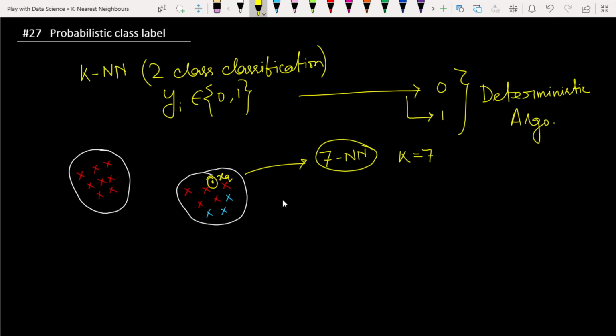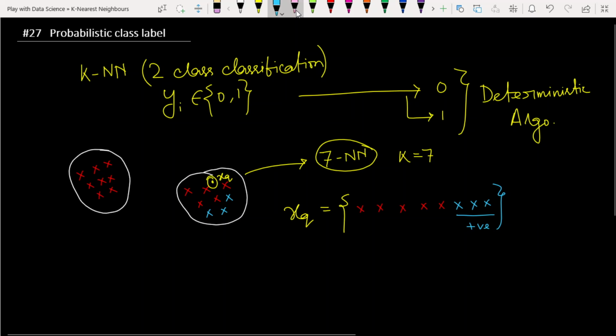In such a scenario, what will be the output of KNN? Here we have 5 negative points and 3 positive points. These are the positive points, and these are the negative points.